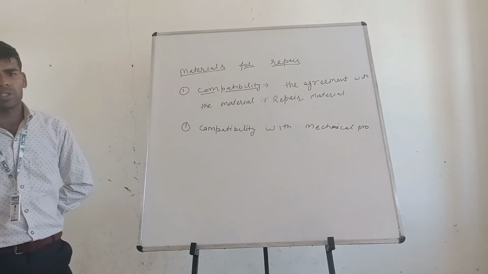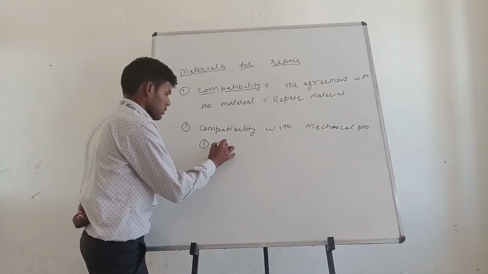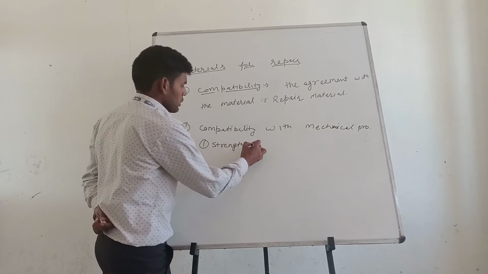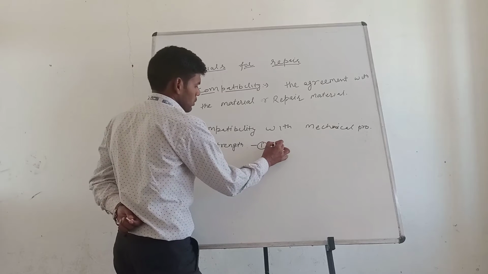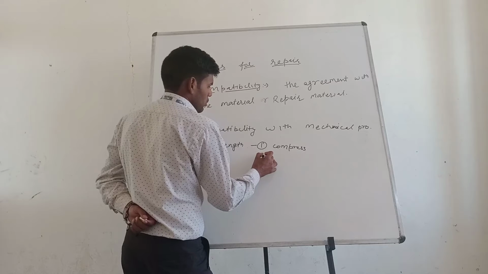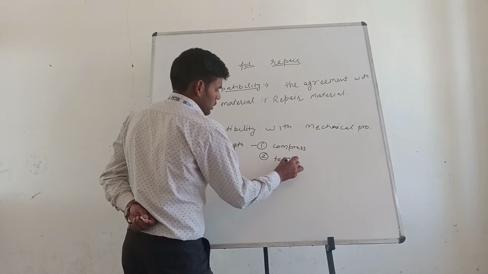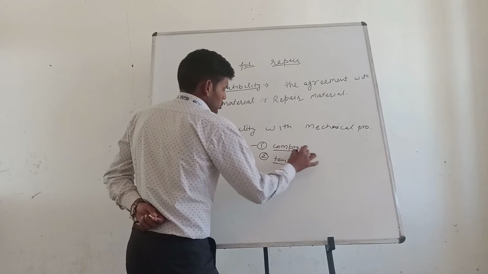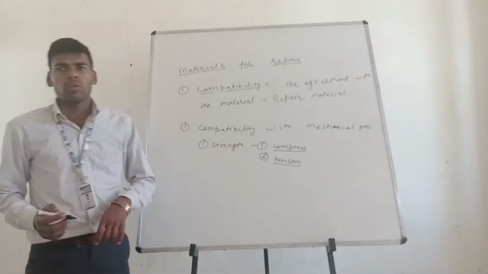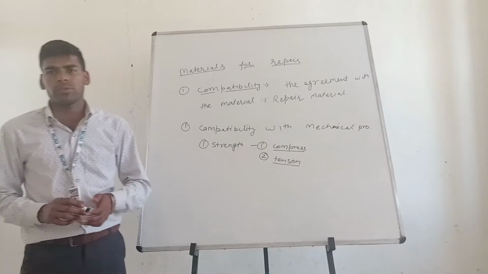In mechanical properties, we have to check first of all the strength. In strength, we have two types. First is compressive, and second is tension. So in concrete, we only check the compression. For our RCC, we check compression and tension both.